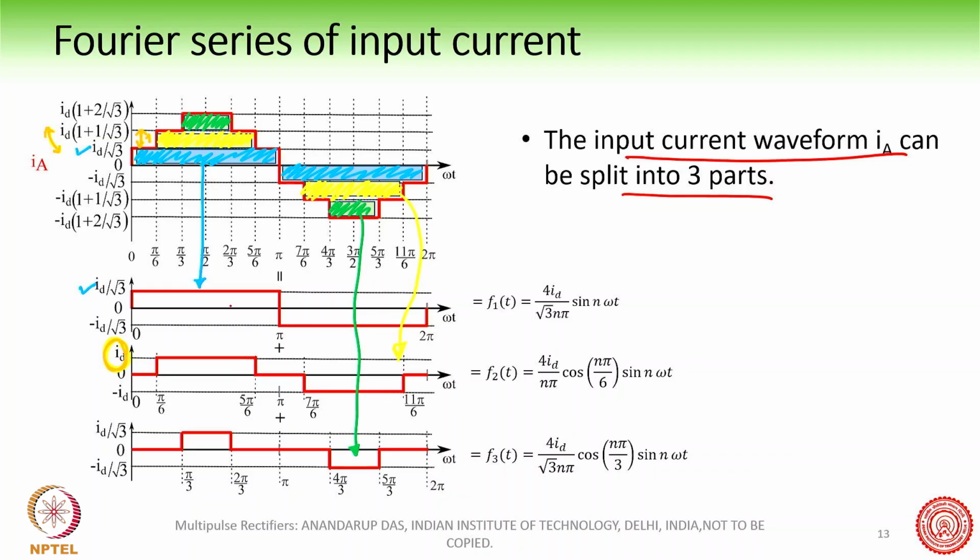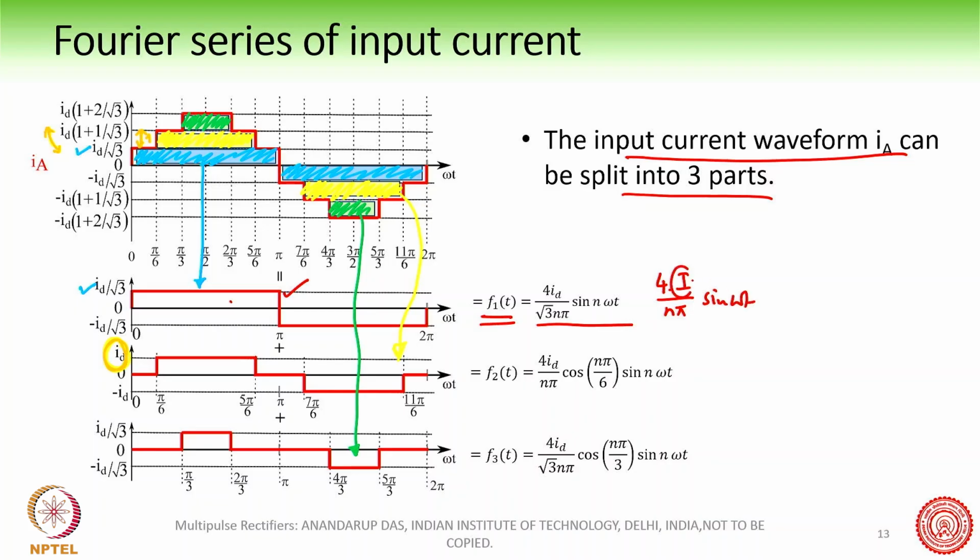We found out that in a square wave, the magnitude of the harmonics can be given by this expression: 4Id by root 3 n pi sine n omega t. We have derived this previously. So this is the amplitude. Basically 4 into I by n pi and sine n omega t.